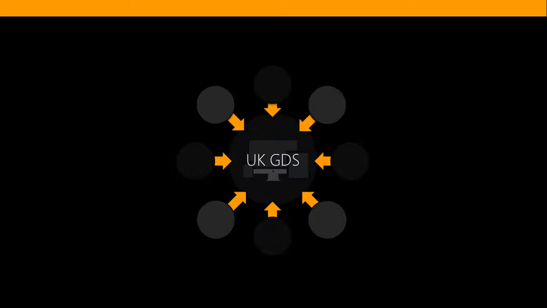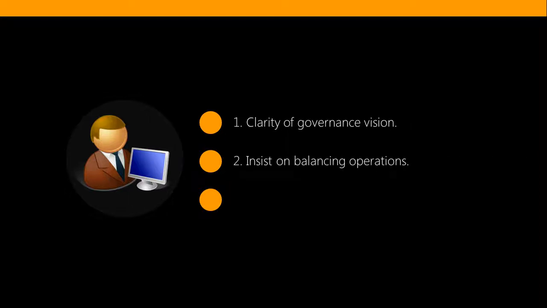The lessons of the UK government, as well as the research of Capgemini and others, show that stability in web or product management can be achieved, but that it requires three things. First, a clarity of governance vision, so that you and everyone else knows for certain how operations will work, including ownership, leadership, and authority. Second, an insistence on balancing operations, such that everyone has access to the resources needed to expedite their online burden.